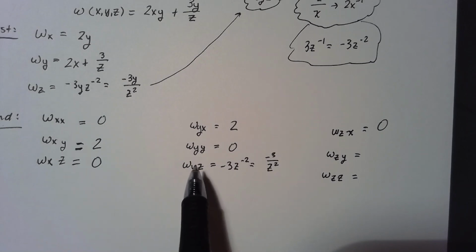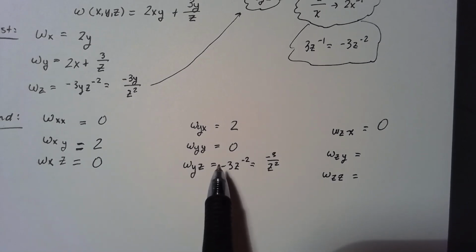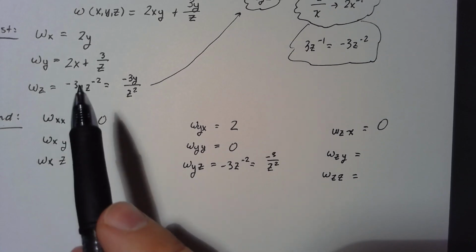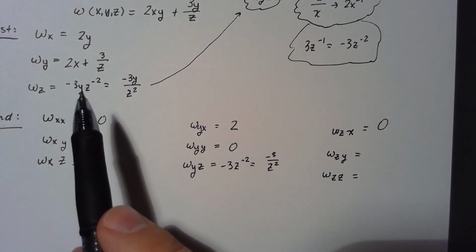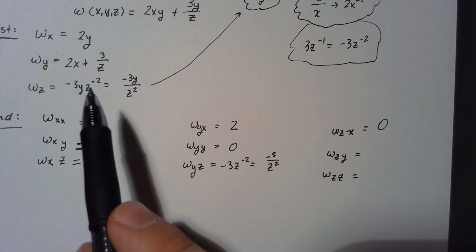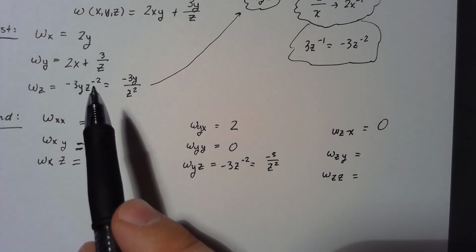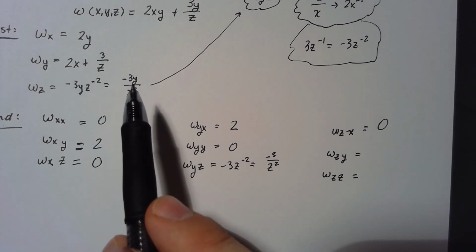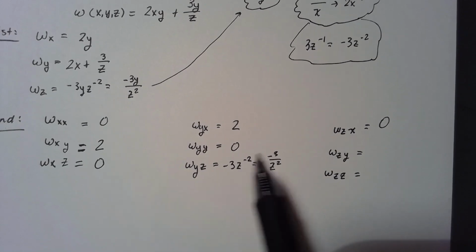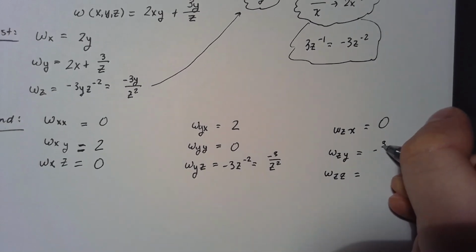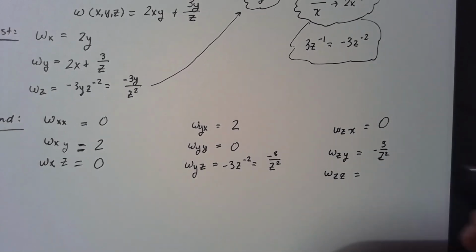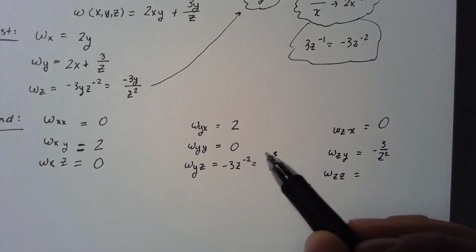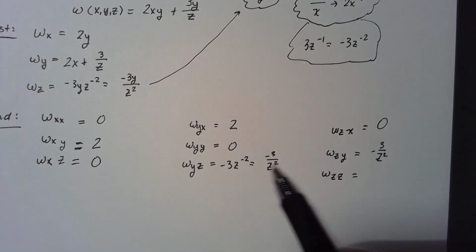That's the same thing as yz, right? If we go through that, take the derivative of this with respect to y, the derivative of y is 1, so I'm going to have negative 3 times 1 times z squared. That's negative 3 over z squared, which is exactly what I have. They're the same because of the mixed derivative theorem.